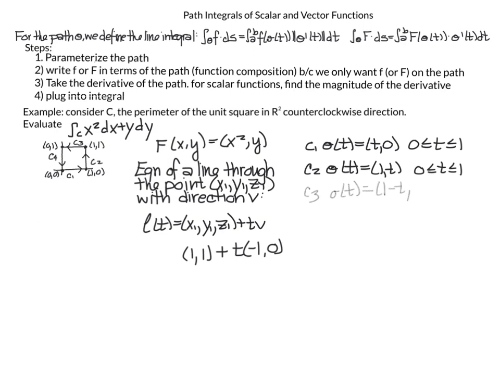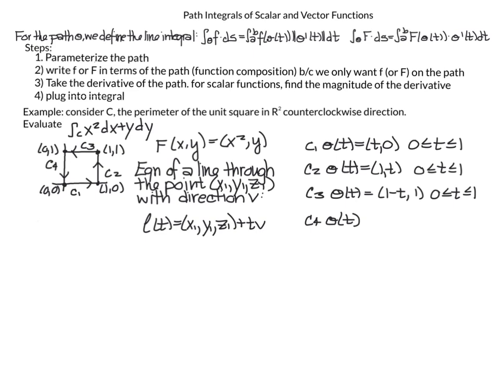And then for the y-coordinate, 1 plus t times 0, which is just 1. And again, t goes between 0 and 1. And we can give a quick check. When t is equal to 0, we have (1, 1), so we start here. And when t is equal to 1, we have (0, 1), so we end up here.